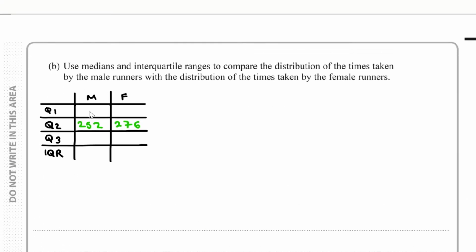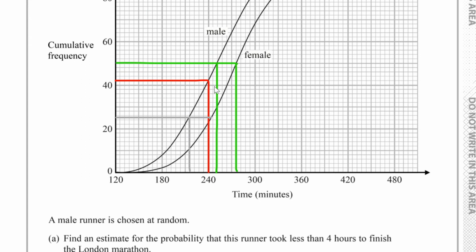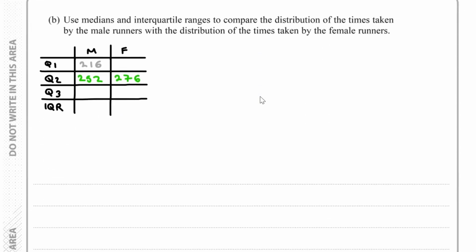So here we get 216 for the males, and for the females we have 240, 246. Okay. So here we've got 246.